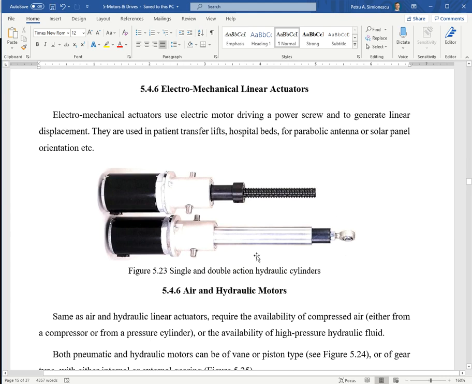Okay, electromechanical linear actuators: you have a motor with a reduction and you have a power screw. The rod looks like a tubing with a nut to it, ending with a clevis, but it pivots relative to these two bearings, and here's where the output link is connected.